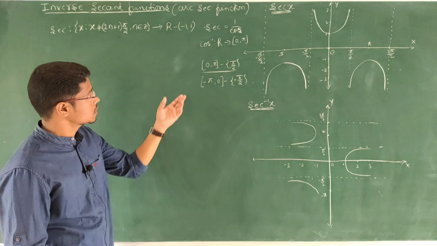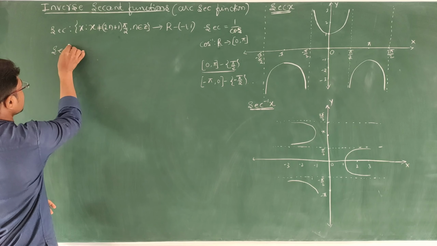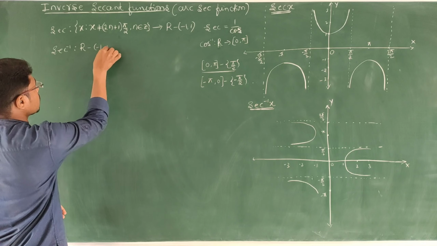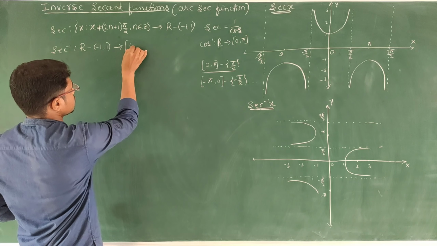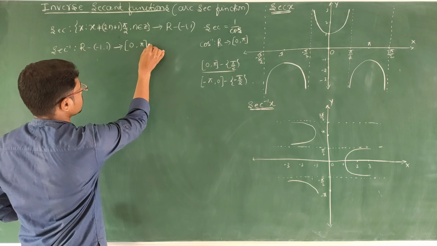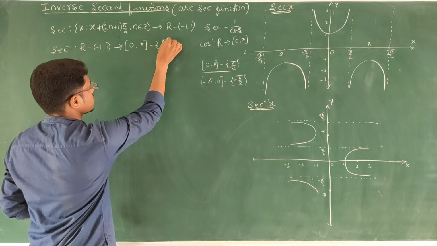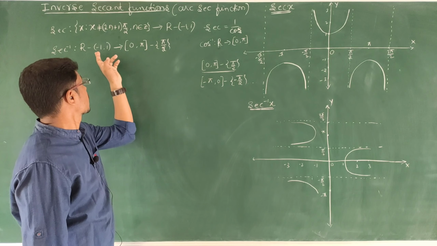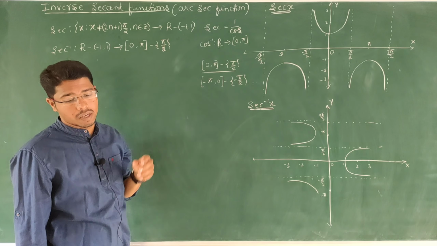Okay, so sec inverse is defined from R minus (minus 1, 1) to the closed interval [0, pi] minus pi by 2.